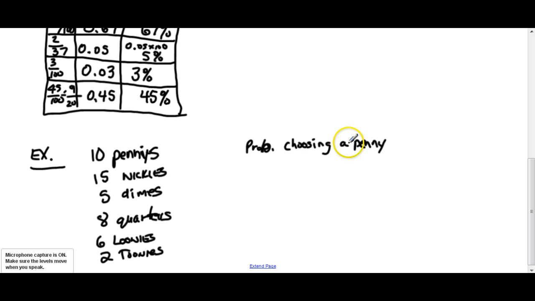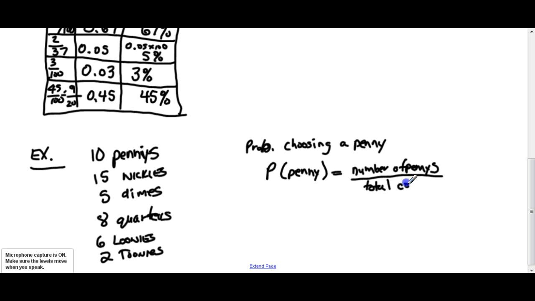So my probability of choosing a penny is the total number of pennies divided into the total number of coins that I have inside my bag.